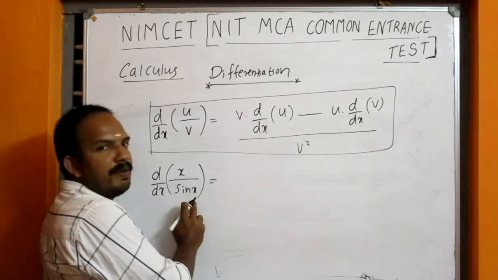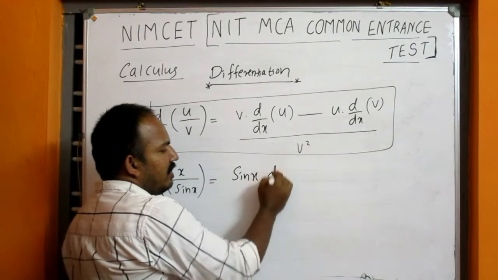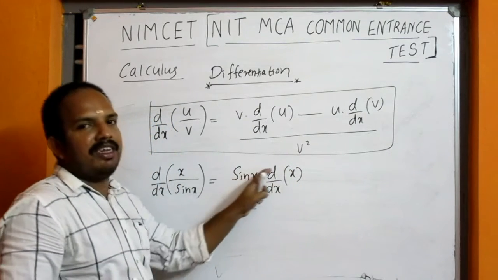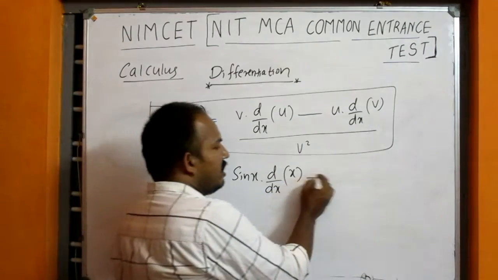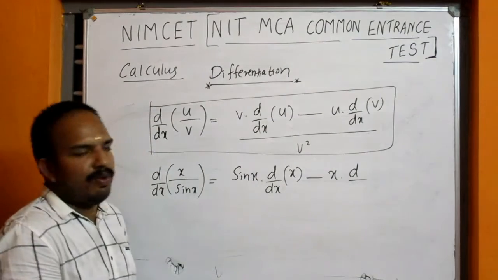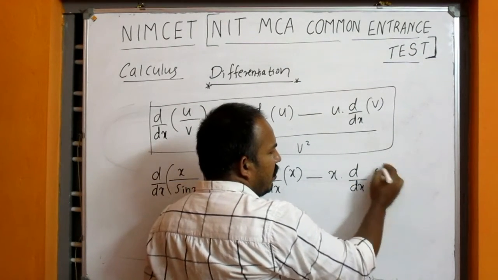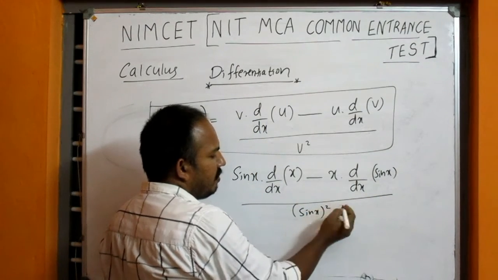The denominator is sin x, so sin x into d by dx of numerator, minus numerator, that is x, into d by dx of denominator, all divided by the square of the denominator.